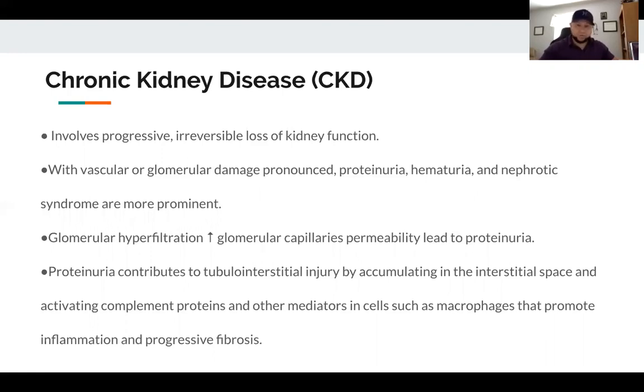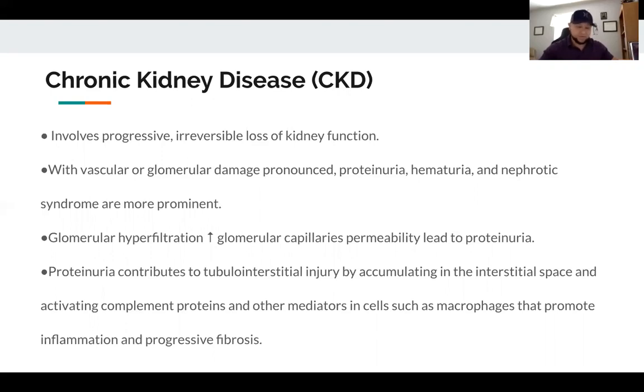Again, it involves a progressive, irreversible loss of kidney function. There are different ways that chronic kidney disease can develop, but with vascular and glomerular damage, pronounced proteinuria and nephrotic syndrome are more prominent.